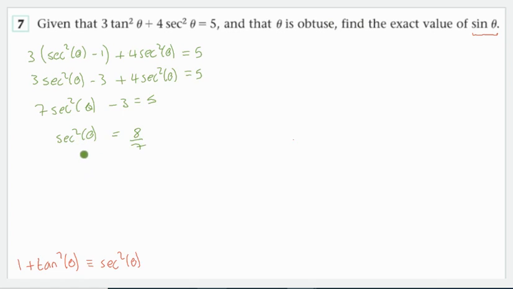So now at this stage, what I'm going to do is rewrite this as 1/cos squared theta equals 8/7. Then I can find the reciprocal of both sides. So this one just becomes cos squared, and this other one becomes 7/8. So cos squared of theta is equal to 7/8.